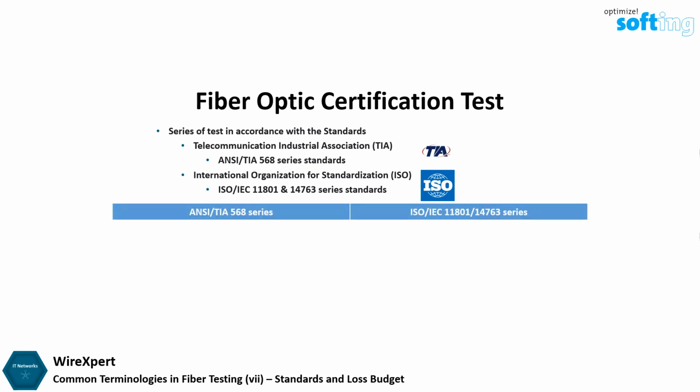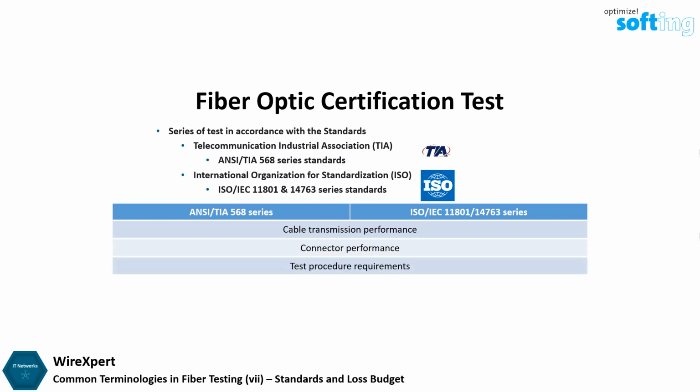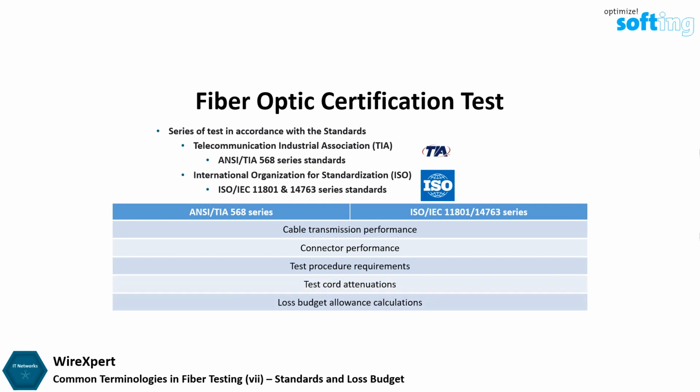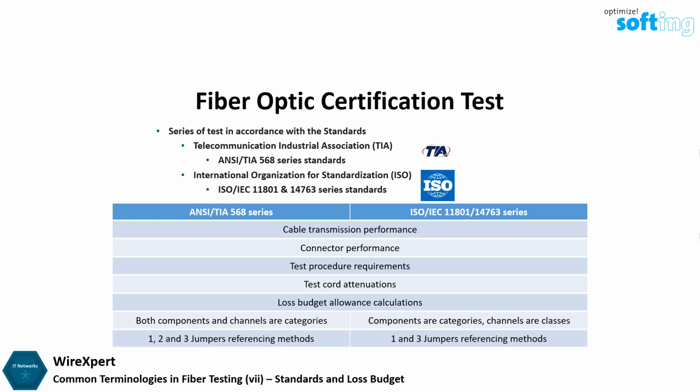Both ANSI TIA and ISO IEC provide guidelines for cable transmission performance, connector performance, test requirements, test cord attenuations, and allowance calculations, but include different requirements and support for certain devices and applications.